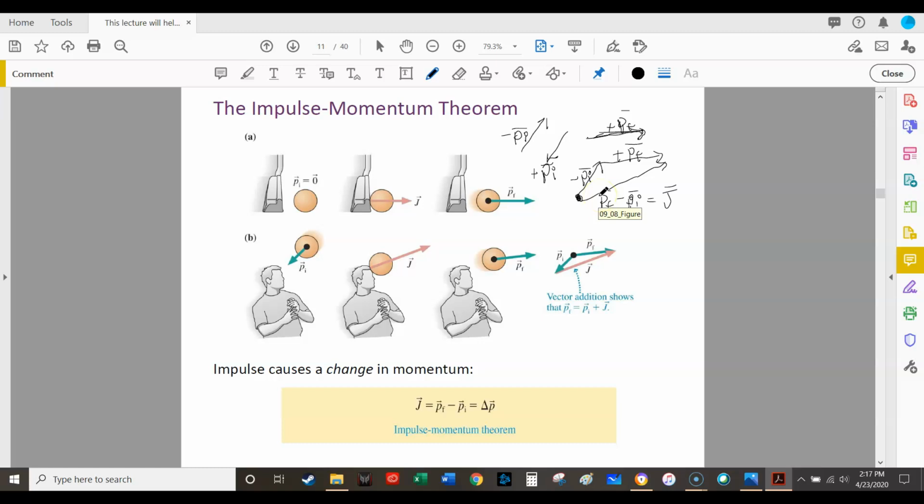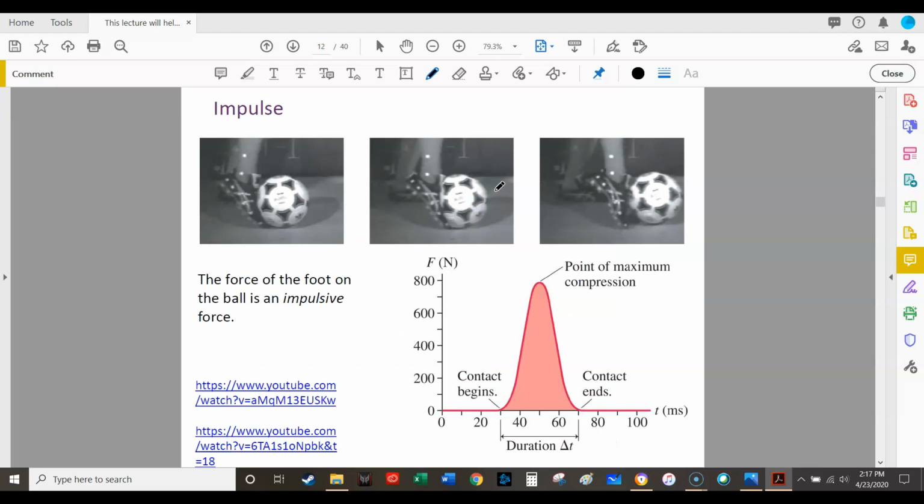So I want you to make sure that you're thinking about these objects in terms of vectors, okay? Well, let's talk about what is happening during that time where an object is going from not moving, right? So we're going to do the impulse of the soccer ball, right?